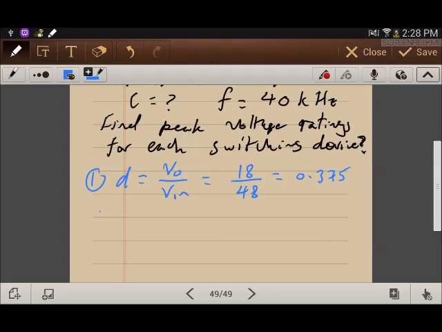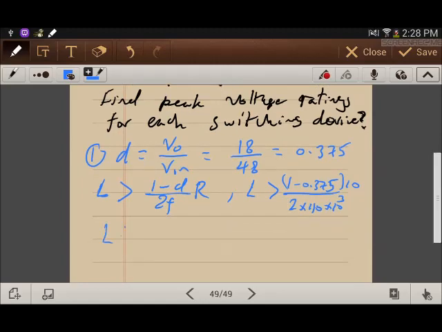Then I have to design the inductance that will make the inductor work under CCM, and this inductance should be greater than 1 minus D over 2F multiplied by R. So this inductance should be greater than 1 minus 0.375 divided by 2 multiplied by 40 multiplied by 10 to the power 3 multiplied by the resistance, which is 10 ohms.